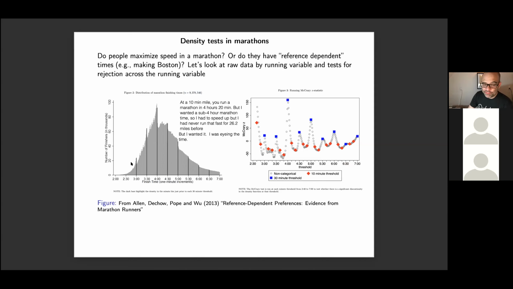You can see from the data that the density does not appear to be smooth. This is number of finishers in some sort of really small bin, probably 1 minute bins. And you can see right here that there are jumps. There are jumps at every half hour.